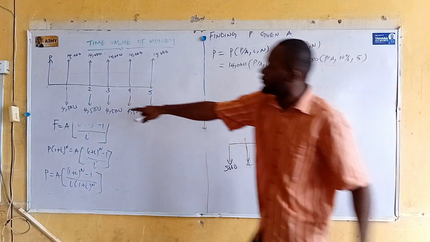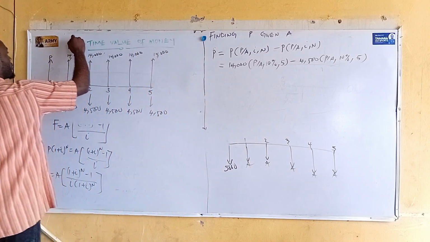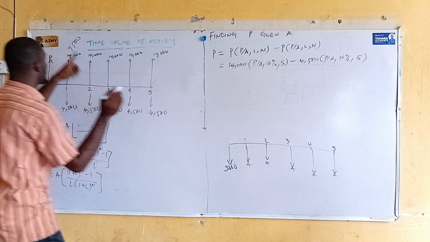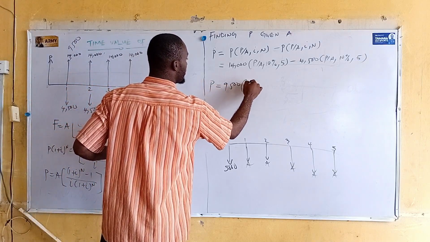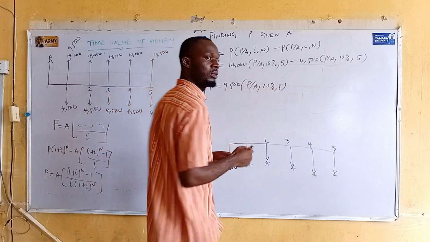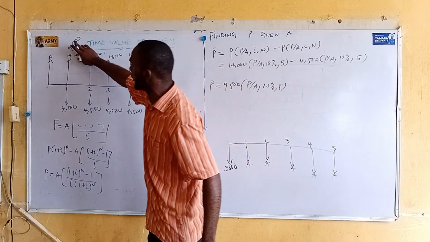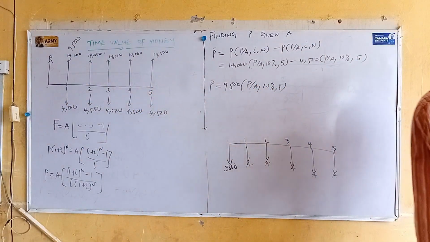If you subtract 4,5 from 14,000 you get 9,5. So let's look for P using 9,5, and you get the same answer. It's called the net value: 14,000 minus 4,5.